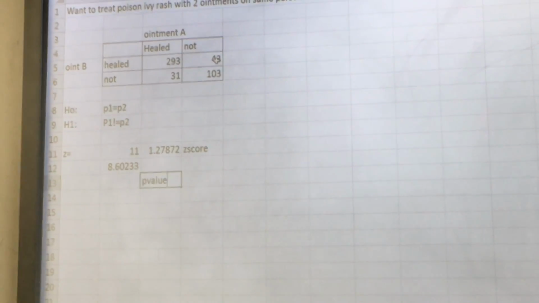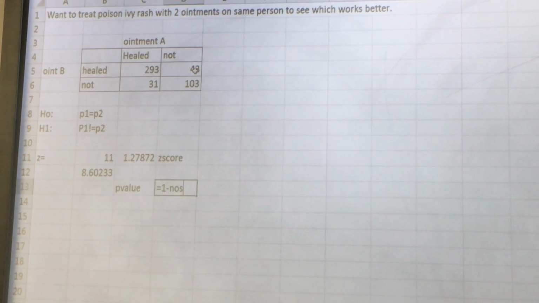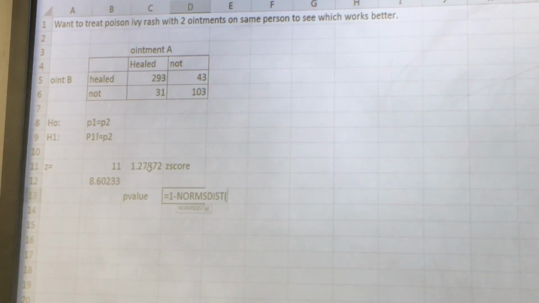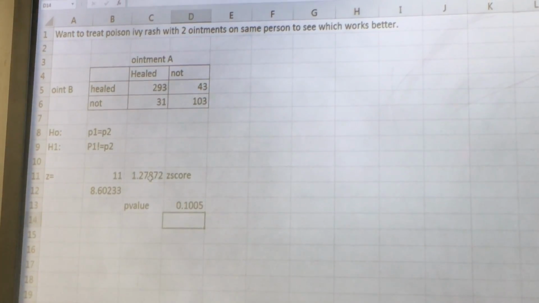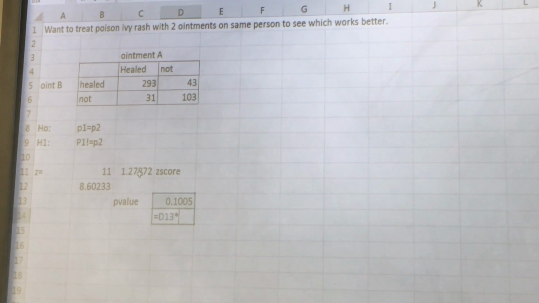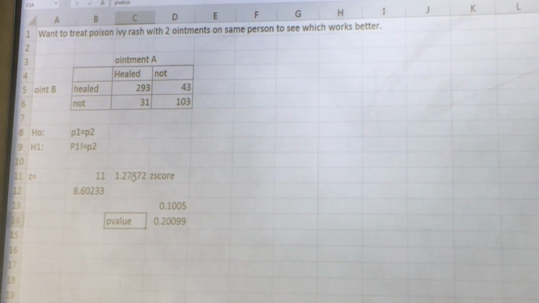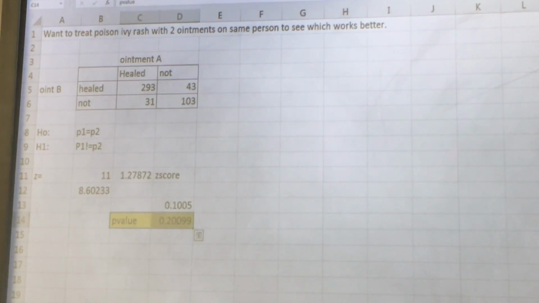Alright, so when I'm finding my p-value, I want 1 minus norm S of that. Right? And then I want to double it, because it's a two-sided test. So in reality, this is really the true p-value here.